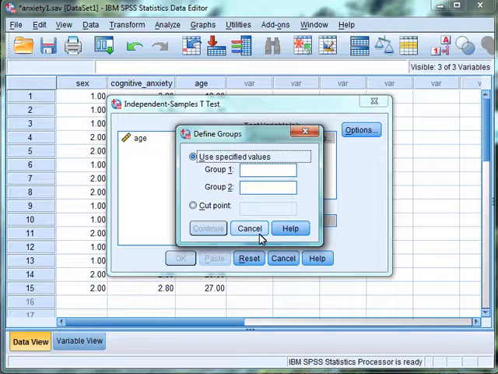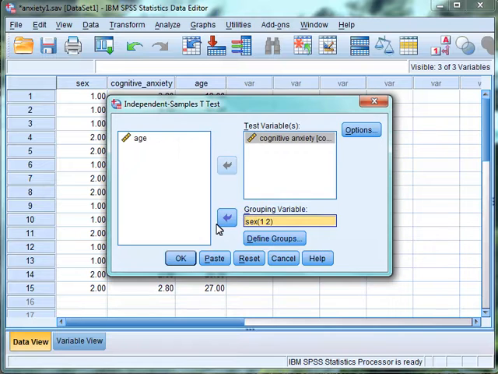So in group 1, I'm going to put 1, which is for our males, and group 2, I'm going to type 2, which is the females. Click Continue, and then click OK to run the t-test.